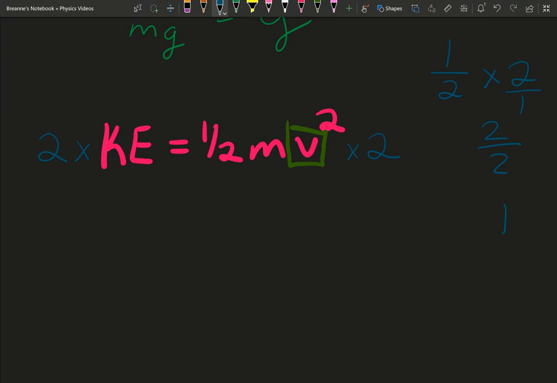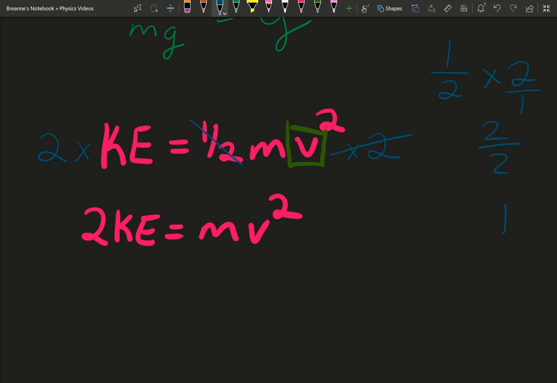That's the whole point. So that cancels out, and we're left with 2KE equals mv squared.